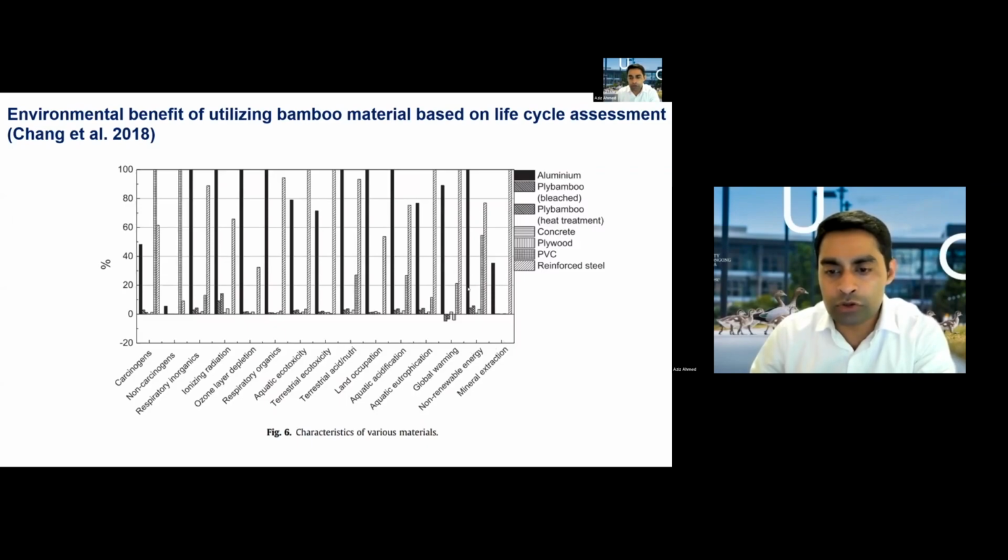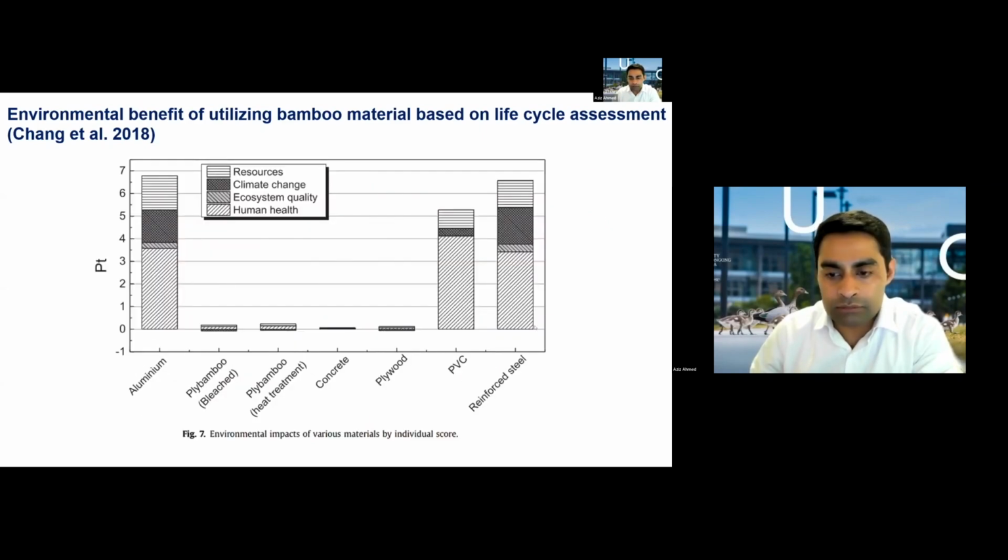And it also shows the different effects onto carcinogens, non-carcinogens, respiratory inorganics, global warming, all these factors, and in most of the cases, plywood would do very, very well compared to other types of products. And these are only the main components: the resource, climate change, ecosystem, and quality. You can see compared to aluminum, PVC, reinforced steel. Again, I do not know what happened with concrete, and they seem to be favoring concrete quite a lot.